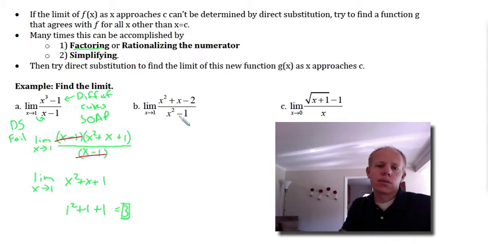All right, let's try another one. So we have a rational function. We try to plug 1 in. We get 1 squared, which is 1 minus 1 is 0. So we get a DS fail. So what we're going to do here is actually factor both the top and the bottom.